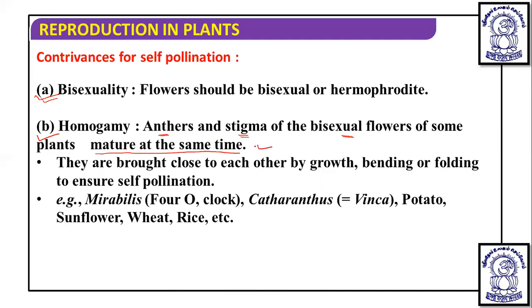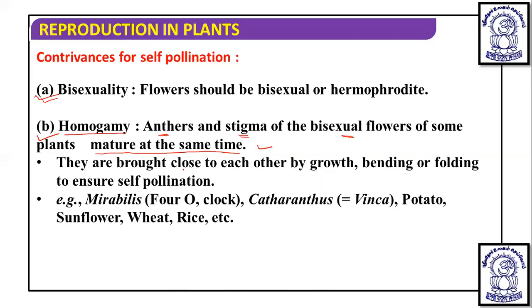If they mature at a different time, and pollen grain are released before the maturation of the stigma, then self-pollination will not occur. But if both stigma and anther mature at the same time, the pollen grain released from the anther will be received by the stigma of the same flower. So this is known as homogamy, maturation at the same time.